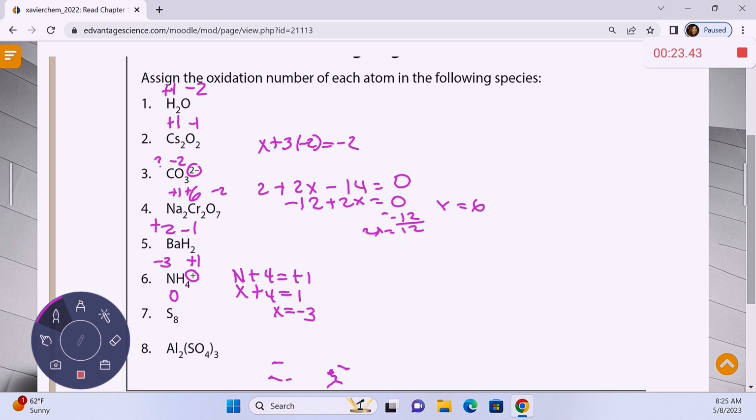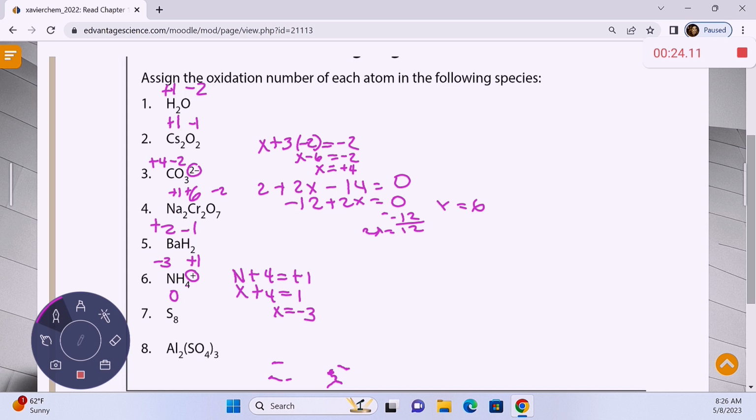It's there on the paper because it's a polyatomic ion. So X minus 6 is -2. So there you go, your carbon here is actually a +4.